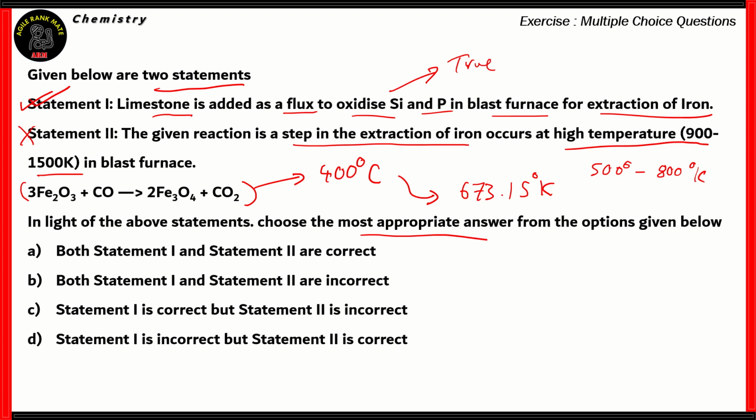So therefore, since statement 1 is correct, we can ignore options D and option B. So both of these options say that statement 1 is incorrect, which is not true. However, statement 2 is incorrect, so that means option A is incorrect, because here it says statement 2 is correct, and that's not true. So the right option for this particular question is option C. Statement 1 is correct, but statement 2 is incorrect.